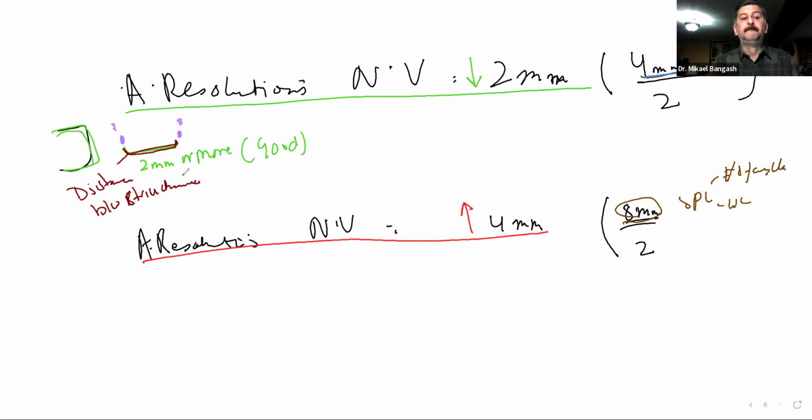Did that make sense? That says distance between structures? Exactly. Okay.